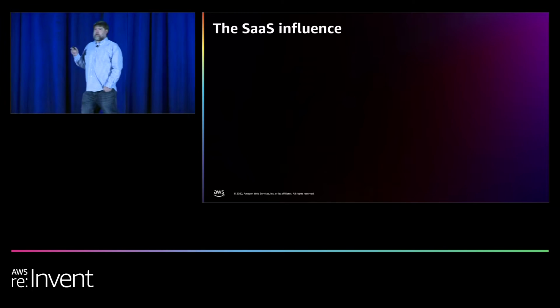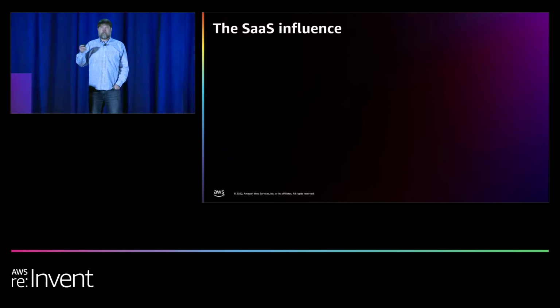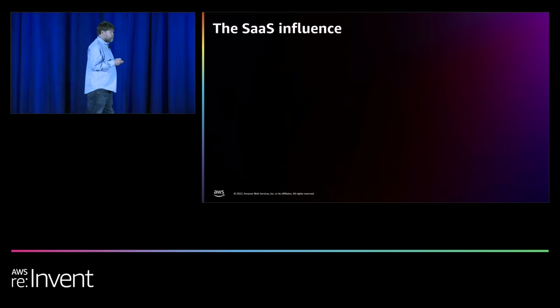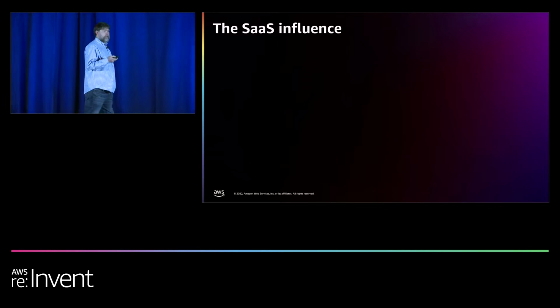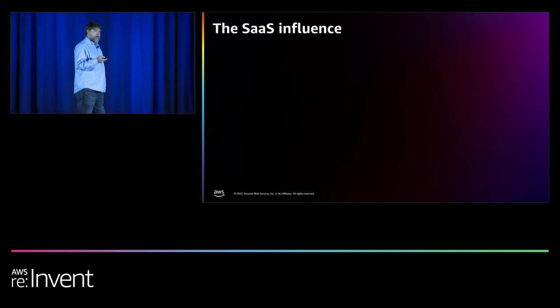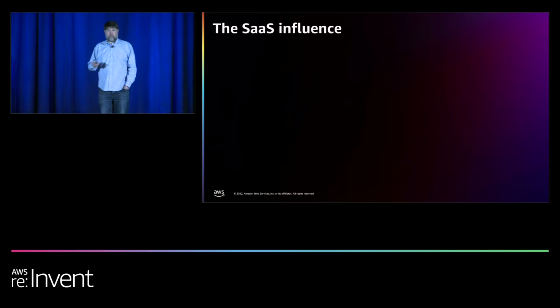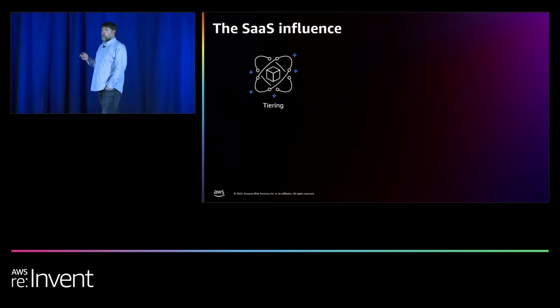So as we start thinking about moving to delivering our products through a SaaS delivery model, or if you're already there, what are some of the things that might be different that you need to think about versus a more traditional delivery model? Well, one is tiering.